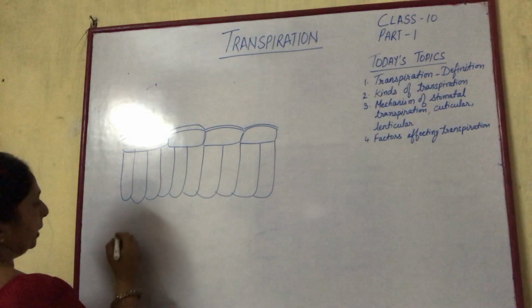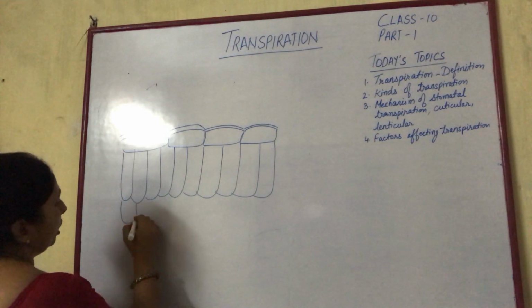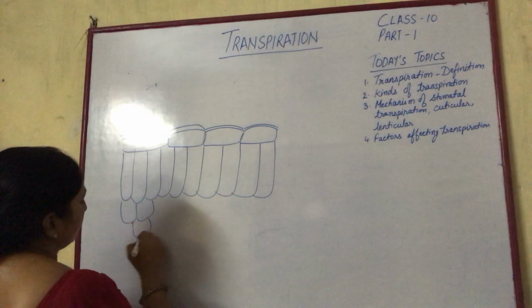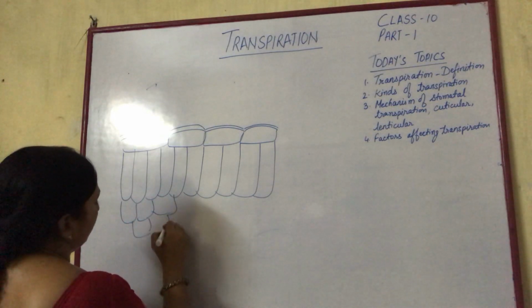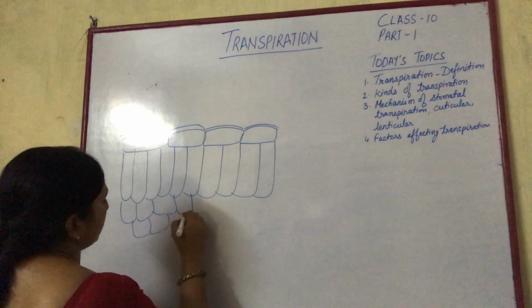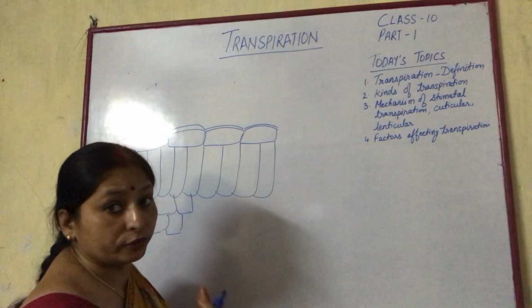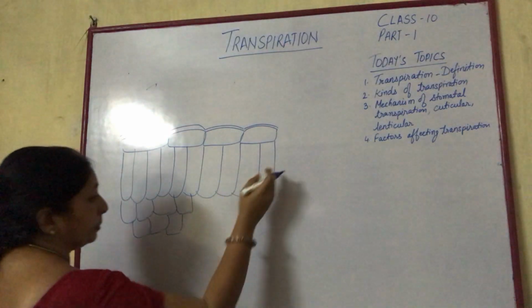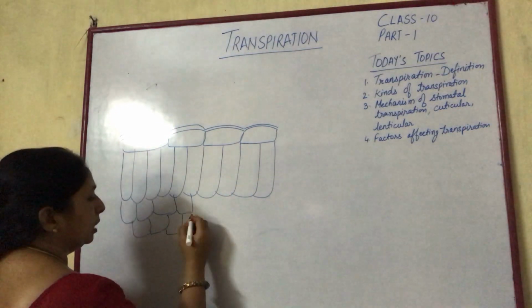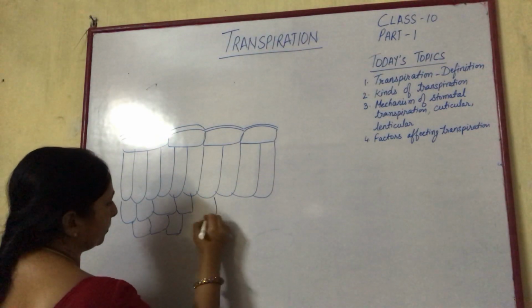Next to the palisade parenchyma are loosely arranged spongy mesophyll cells. Mesophyll is the middle layer of the leaf.